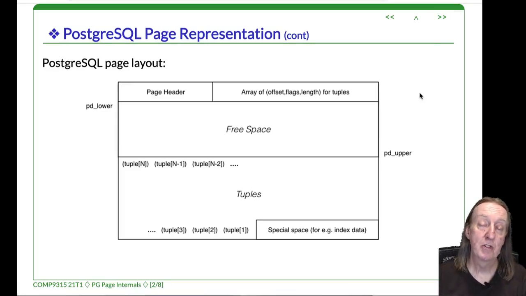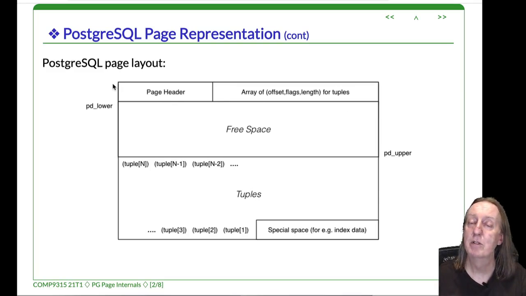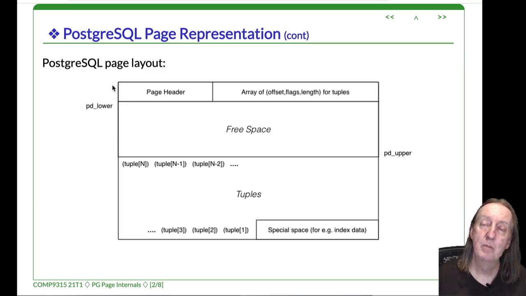So here's a Postgres page layout. I can't remember whether this is offset 0. No, this may actually be the offset 8K.